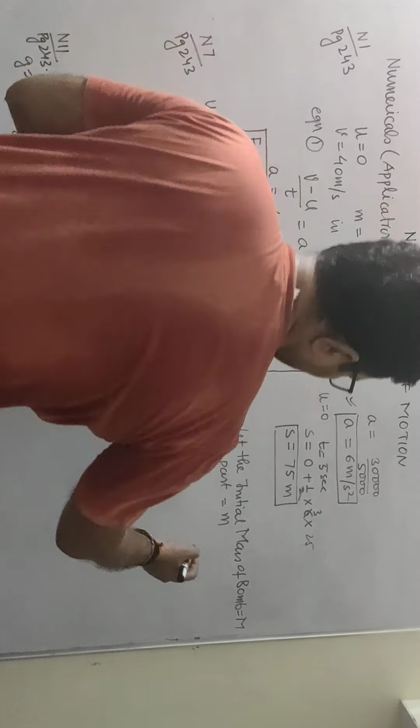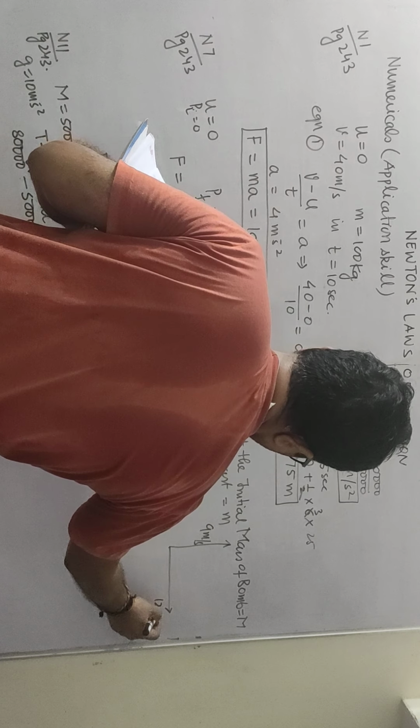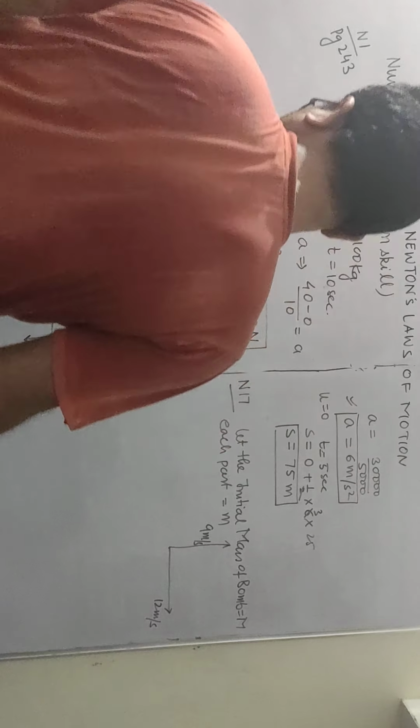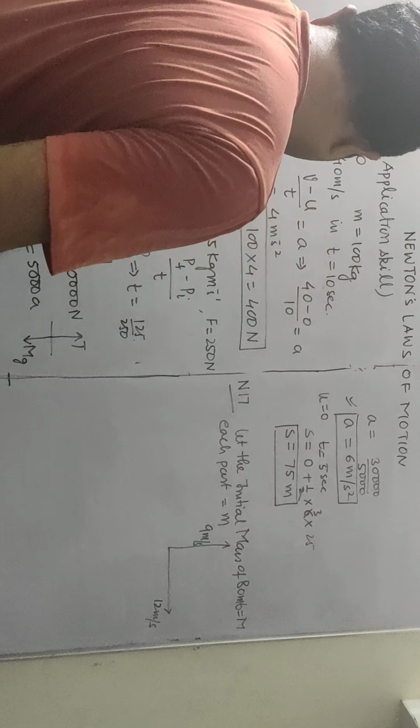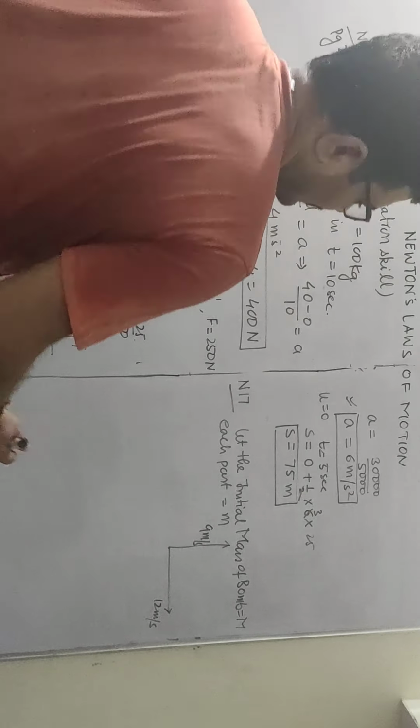So I am considering this as 2 dimension. This is along 9 meter per second. This is along 12 meter per second. The diagram is not given. Calculate the speed of third fragment. As 2 are moving in perpendicular direction, third will also move in the perpendicular direction. I am considering this as v.